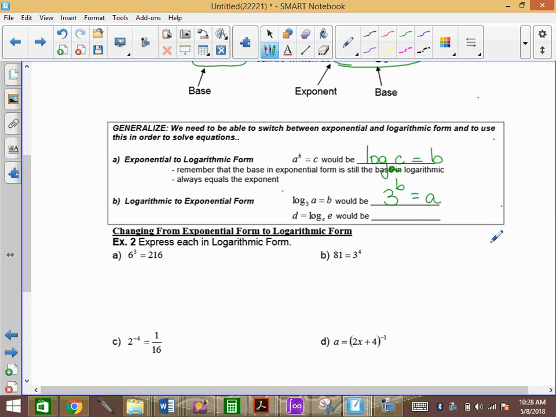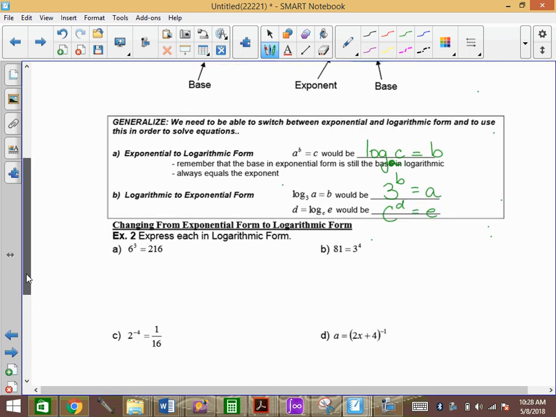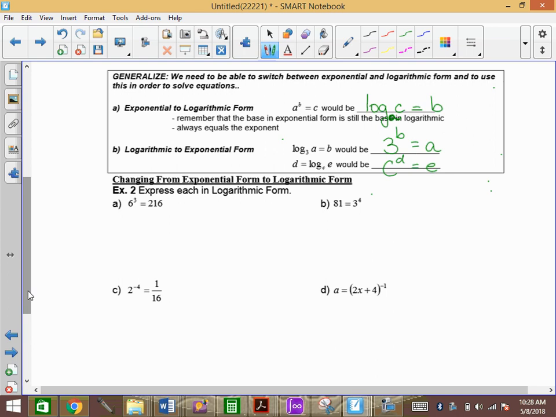And then the next one, what's the base of the log? C. What's going to be the exponent? D. And it equals. We agree? So not too bad, as long as you remember that. I always put my base first, and then what's with it can't stay with it. So then you know what needs to go.